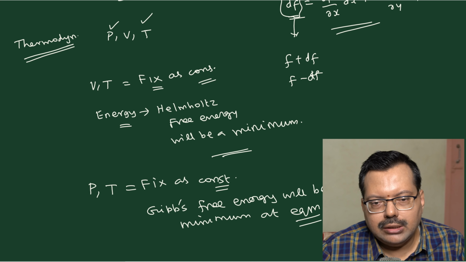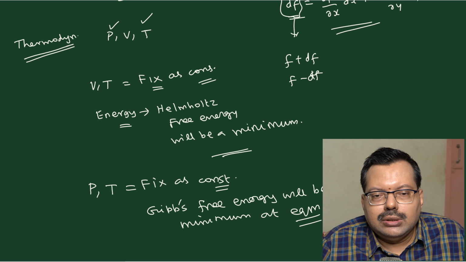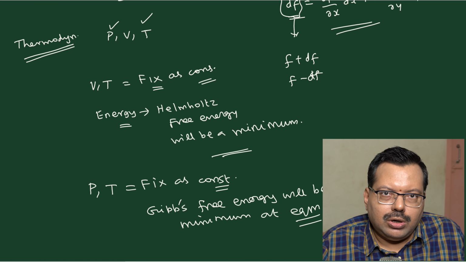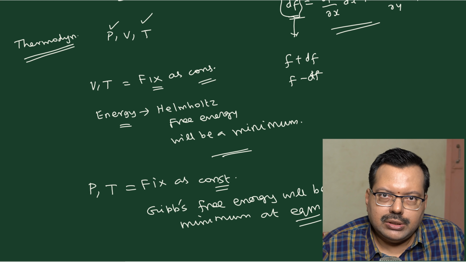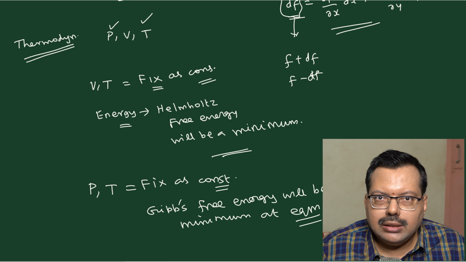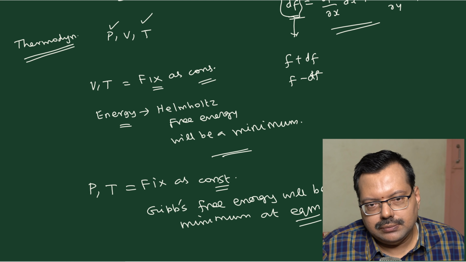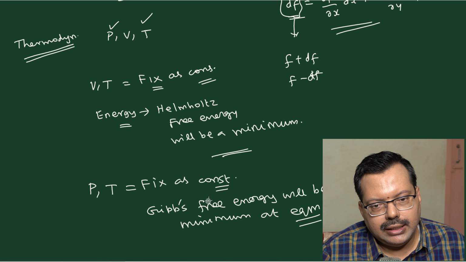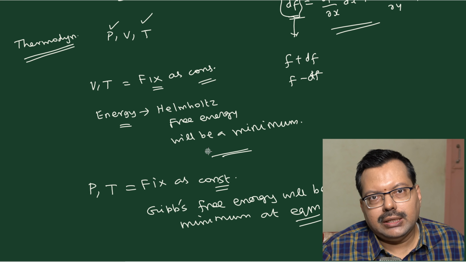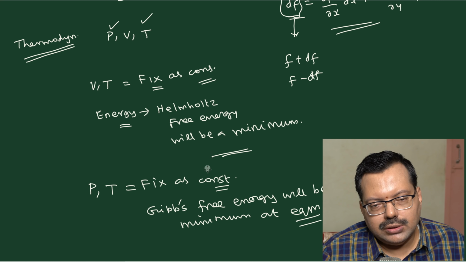So at thermodynamic equilibrium, Gibbs free energy will be a minimum. So it is quite natural that depending on what kind of experimental settings you have in thermodynamics, the corresponding energy will gain importance. In the first choice, Helmholtz free energy gains importance. At that time, you should not talk about Gibbs energy. That is what I mean to say.